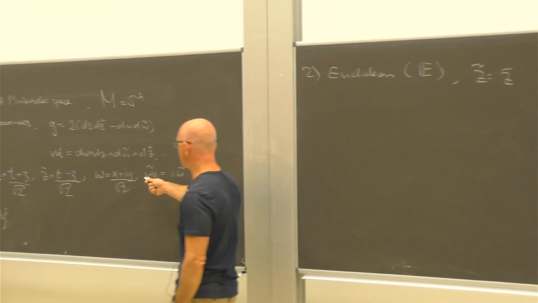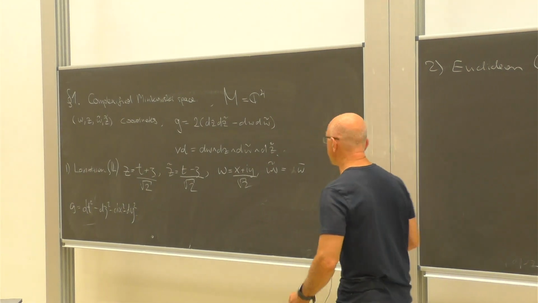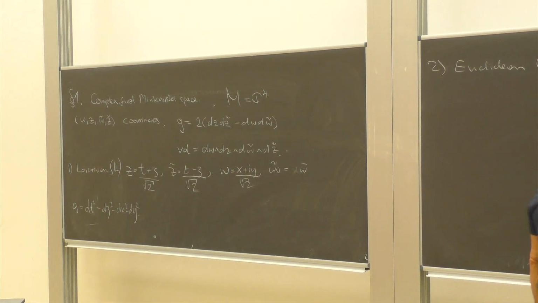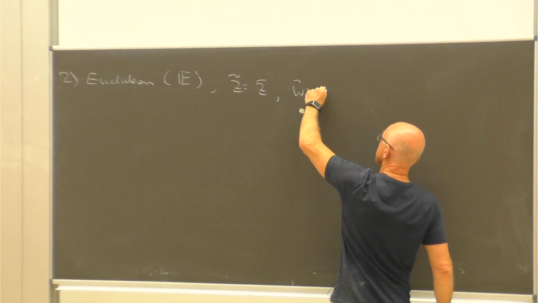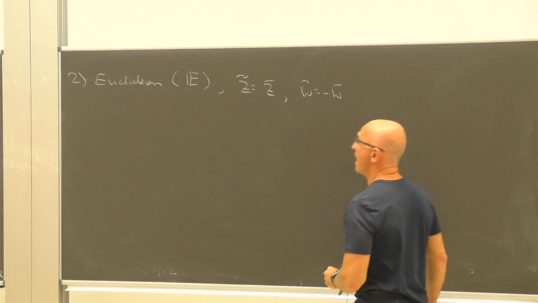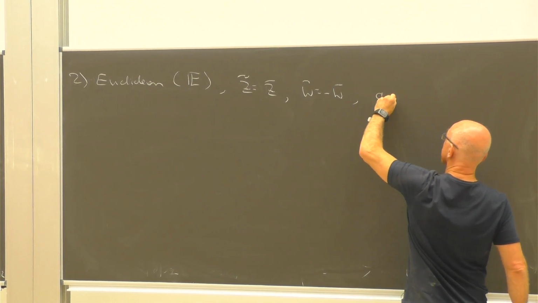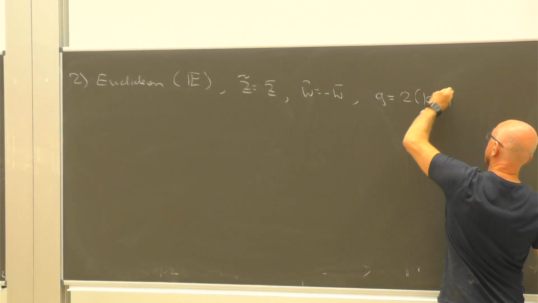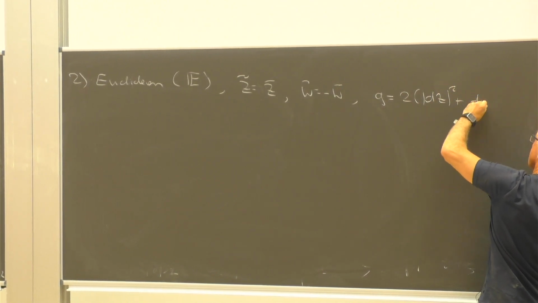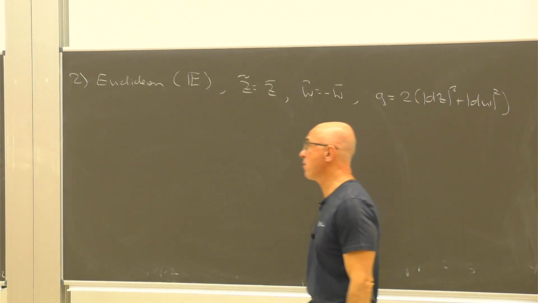I apologize. For this metric to be correct, w tilde has to be w bar and not minus w bar. Here, z tilde is z bar and w tilde is minus w bar. And then the metric becomes 2 (dz squared plus dw squared), and that's positive definite. That has signature 4, 0.